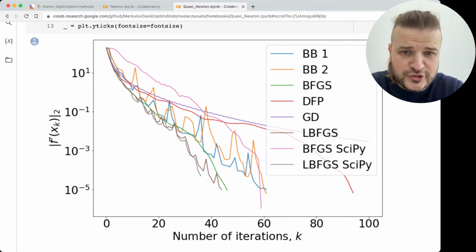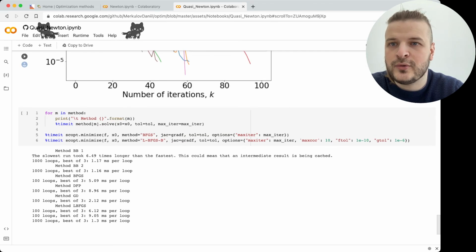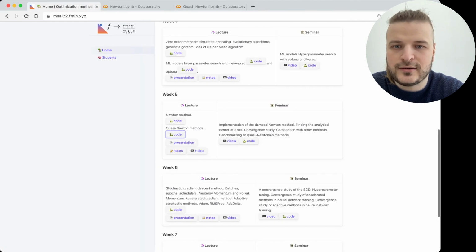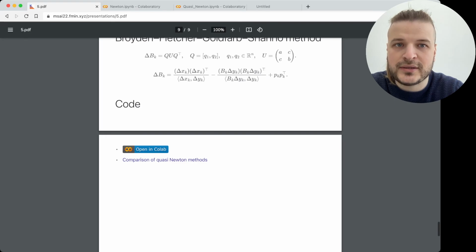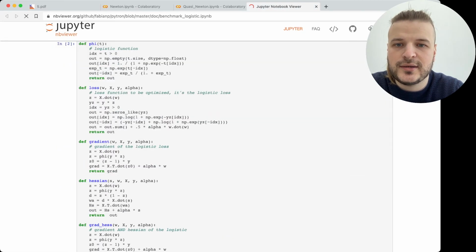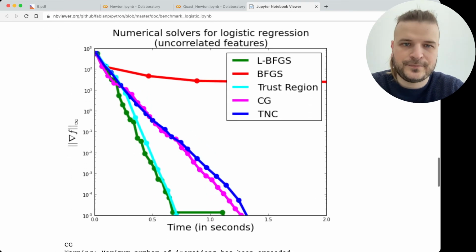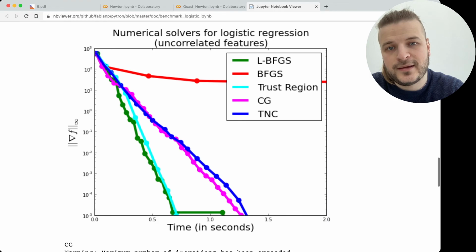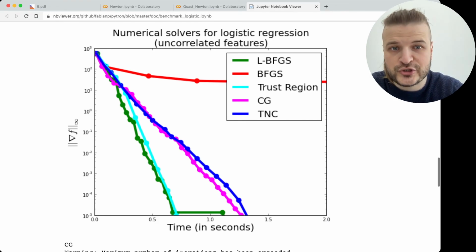Then there is the BFGS algorithm and some modifications of it, for example here and here. If you go through the link of our presentation, this is a link to the Quasi-Newton methods benchmarking. For example, for the logistic regression problem, you have something like this. This is BFGS with limited memory, which is green.